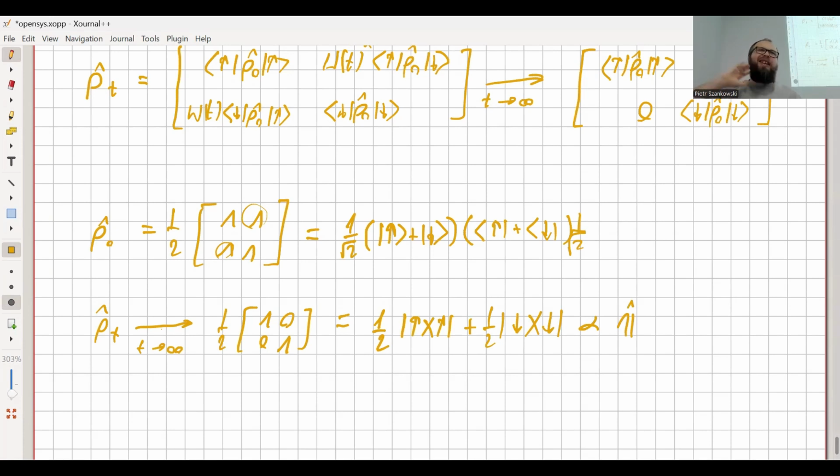So this is how you can get mixed states dynamically. Stochastic maps can give you dynamical mixing of states. It's not just this weird uncertainty in the preparation of states. There are dynamical reasons for getting mixed states.